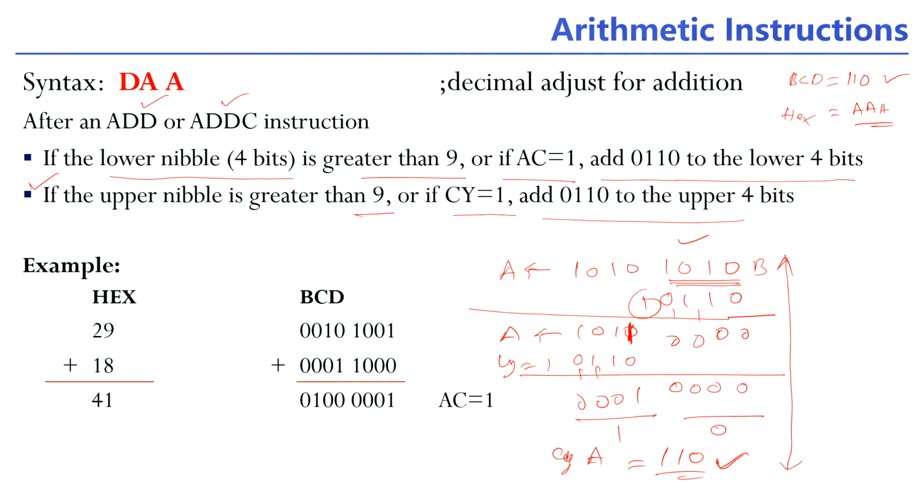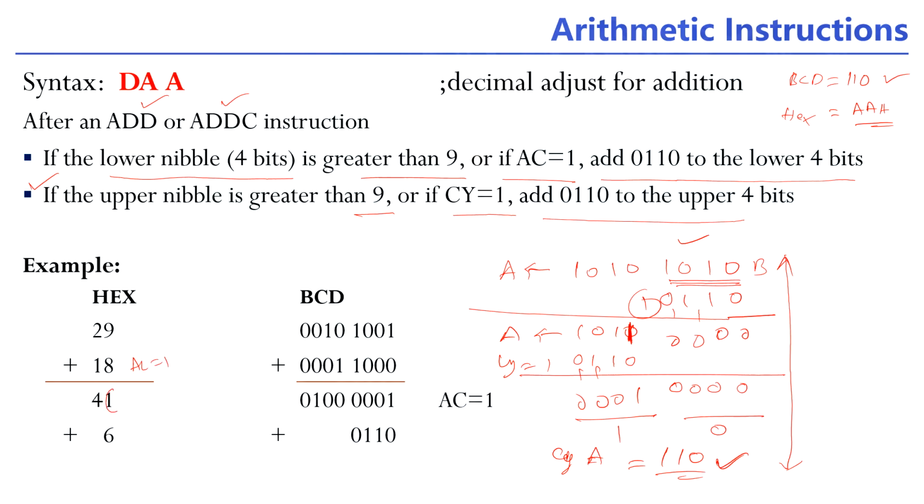29 plus 18 is 41. If you consider this 41, in this case auxiliary carry flag is set to 1. Here 9 plus 8 means the auxiliary carry flag is set to 1.